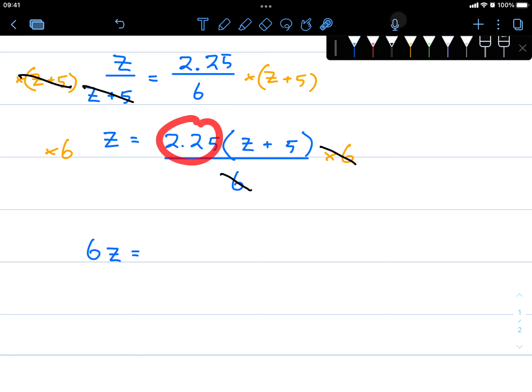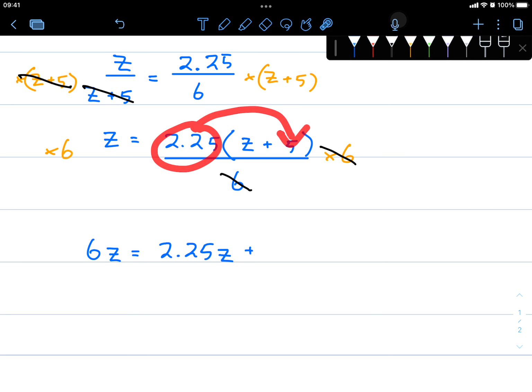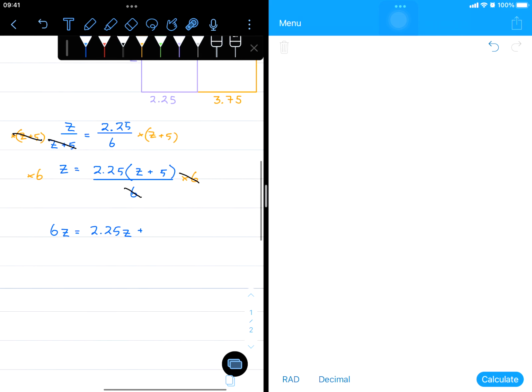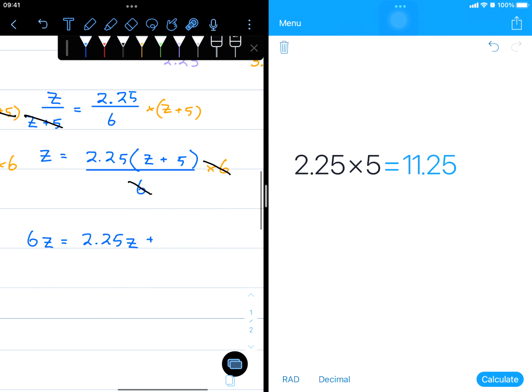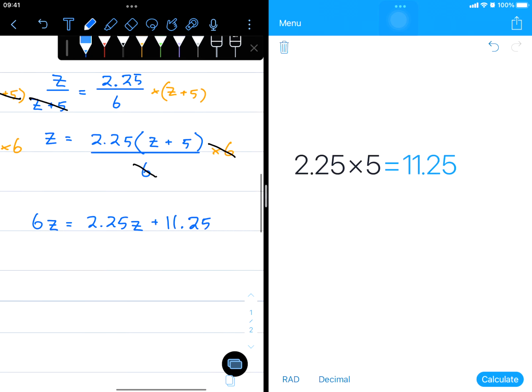I'm going to expand this one now. I'm going to multiply out like so. So 2.25 times Z, that's 2.25Z plus, sorry, not Z, 2.25 times 5. So to make it a little bit more clear, that's 2.25 times 5. It's going to be 11.25.